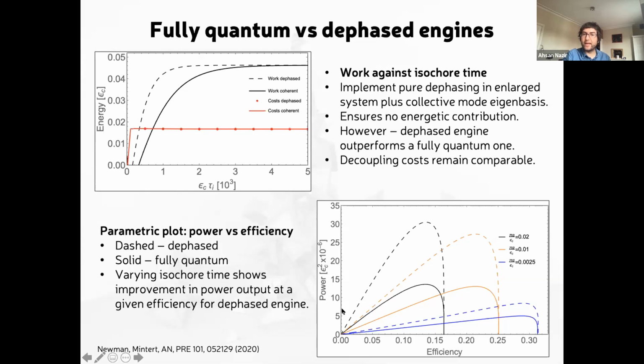And as we vary the isochore time here to generate these parametric plots, we can see, for example, that at a given efficiency, the dephased engine is giving us a greater power than the fully quantum engine. So it does appear that removing these coherences that build up between the system and the environment is advantageous, at least in this particular Otto cycle example.